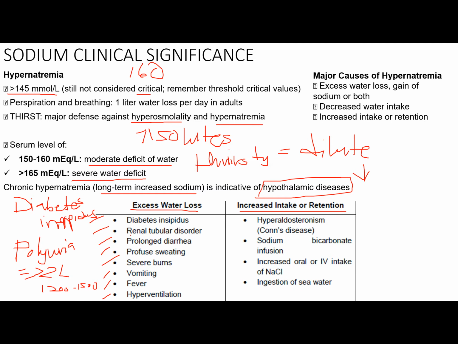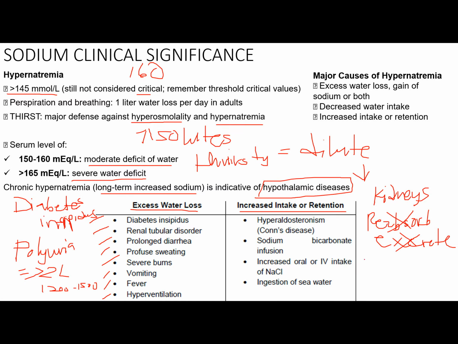Then we also have your renal tubular disorder. Kapag may renal tubular disorder ka, naalala nyo, di ba, ang kidneys nyo, they would reabsorb sodium. They would also excrete it via the urine. Ngayon, if you have a problem with your kidneys, they will not be able to reabsorb or excrete sodium.